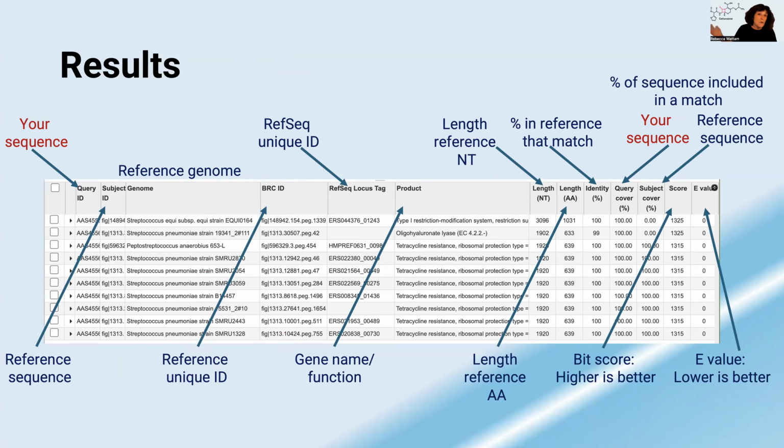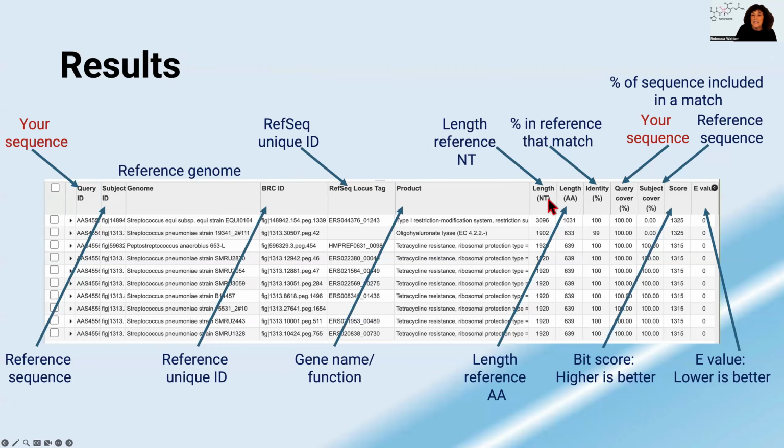Now, if it's something we brought from GenBank or from RefSeq, you will see that it has a locus tag here. Some of them have it and some of them don't, because they don't have RefSeq data associated with them. The product is the gene name or the functional name that we give it at BV-BRC, which is generally based on the action that that particular protein has, if known, in the organism.